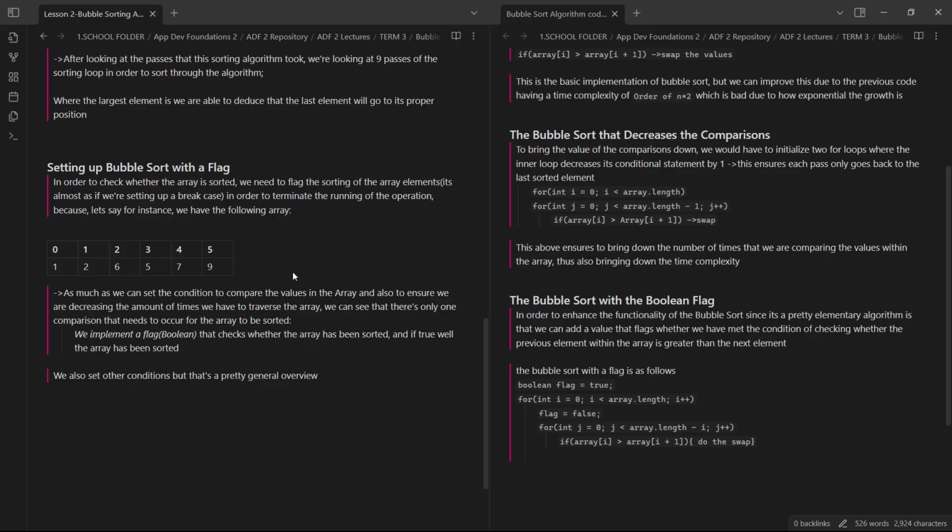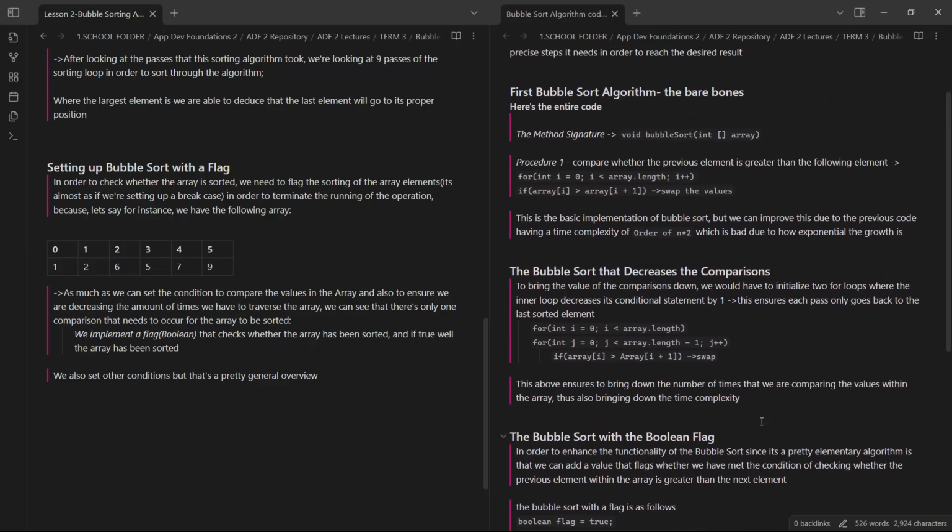So we set up a flag so that with every single pass that happens, let's say we were working with an array of five elements and it only needs to sort once, that flag would say, okay, we sorted once and then we exit the function. Because if we didn't do that, it would run four more times, even though we've already sorted the array or whatever data you're using.